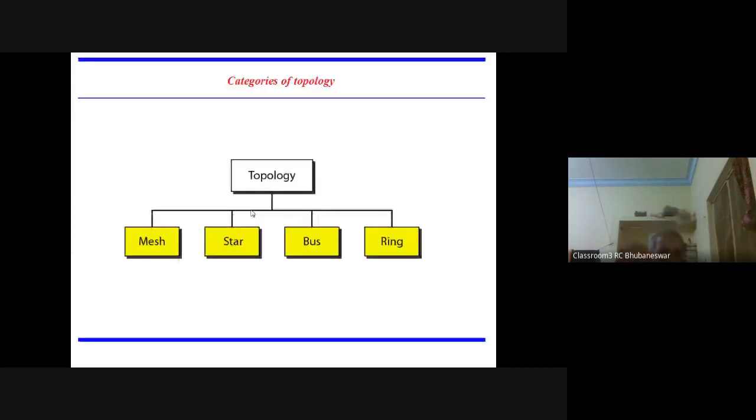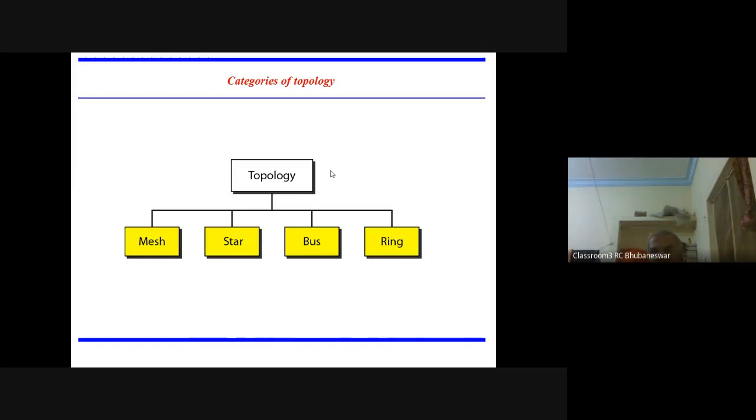There are broadly four basic topologies. Two types of connection are there: one is point to point connection, the second is multipoint connection. If between any two nodes there is a dedicated link, a dedicated path, that connection is known as point to point connection.